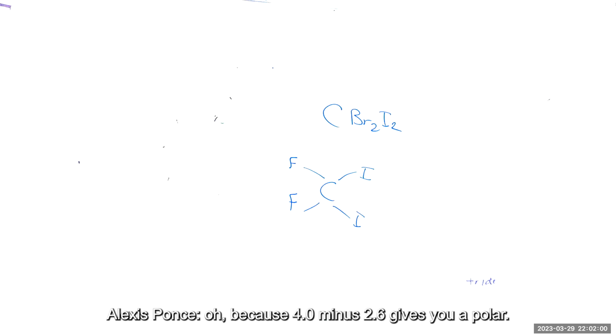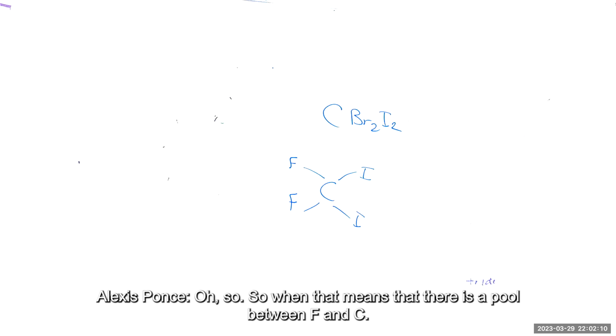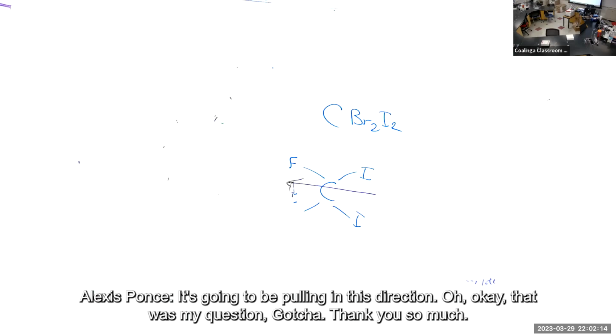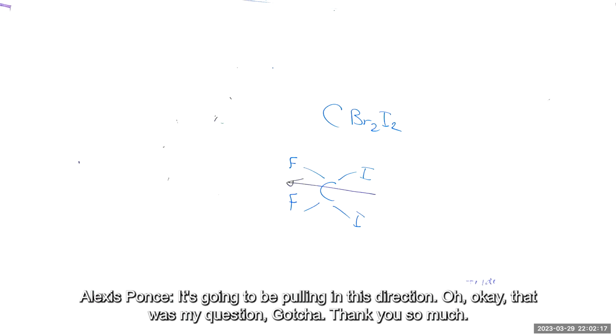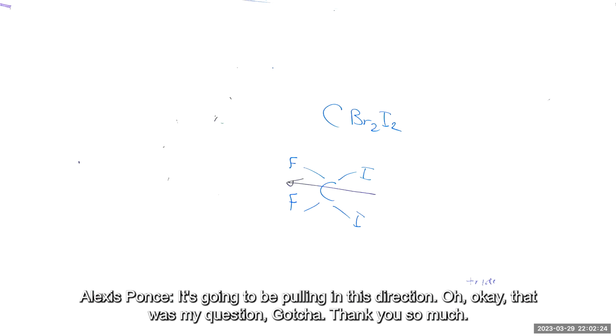You know the bond between the carbons is going to be nonpolar, but the bond between the F and the C is going to be polar. Because 4.0 minus 2.6 gives you a polar bond. That's right. So that means there is a pull between F and C in this direction. Oh, okay, so that's when it differs, when you have different atoms, right? That's right. Ah, okay, that was my question. Thank you so much.